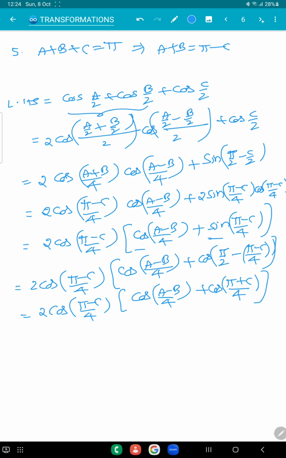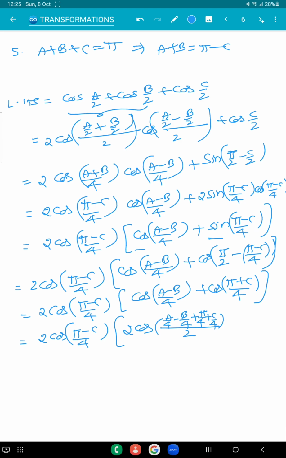Now this is in the form of cos C plus cos D. 2 cos((π−c)/4) as it is. Cos plus cos is 2 cos((C+D)/2). What is (C+D)/2? So a/4 minus b/4 plus π/4 plus c/4.